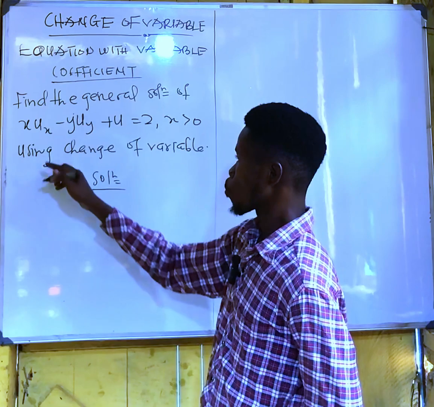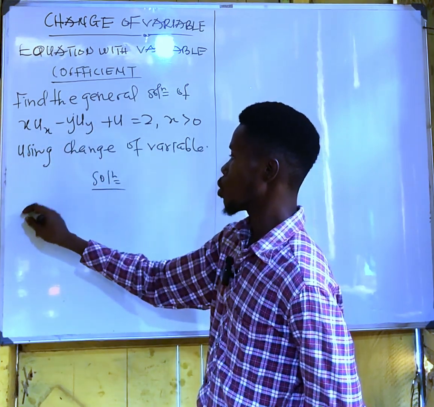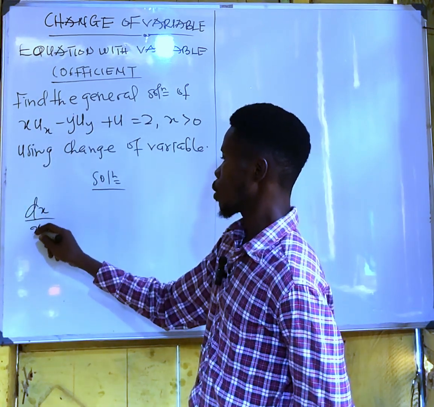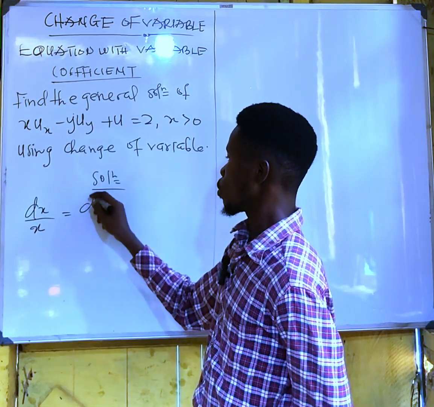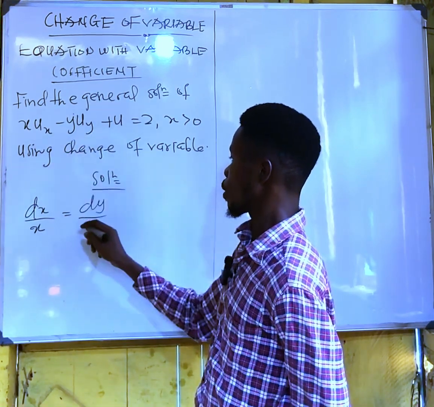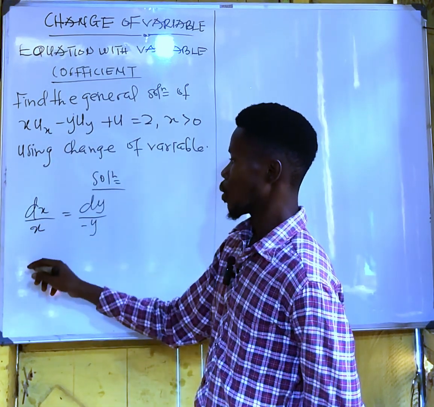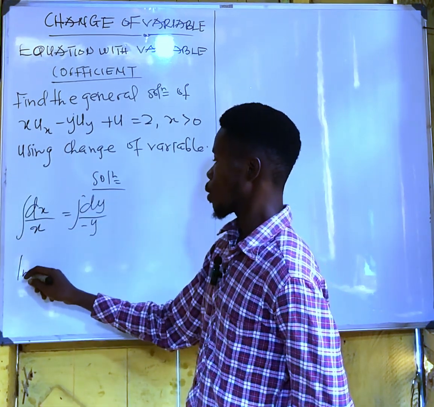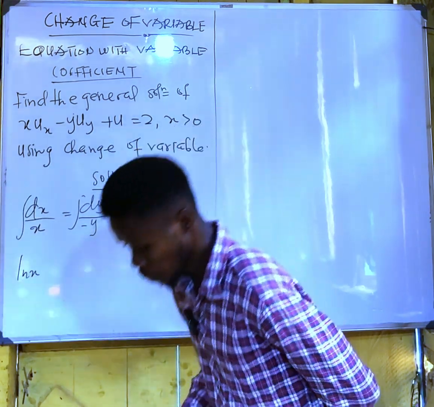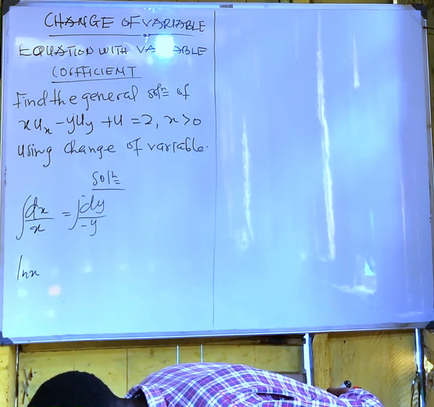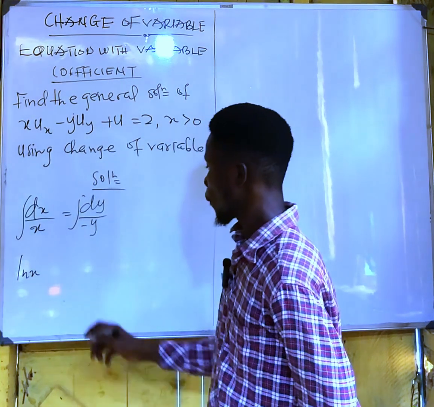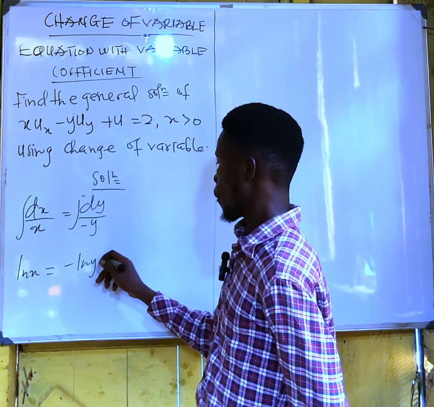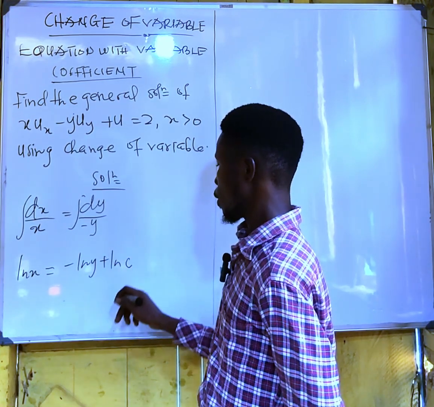So here, because it's variable coefficient, we need to use this formula dx over a. In this case, a is what? x equals to dy over b. In this case, b is negative y. So when I integrate, I'm going to have ln x equals to negative ln y plus ln c.